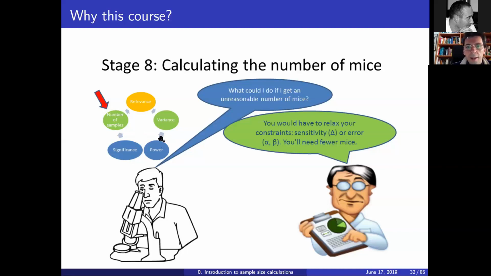Either you relax the significance or power, but these are things that normally people don't like to touch. You don't want to make an experiment in which you have a very high probability of being wrong about your statements. You cannot touch the variance because the variance is how the population of animals respond. So you cannot touch that.